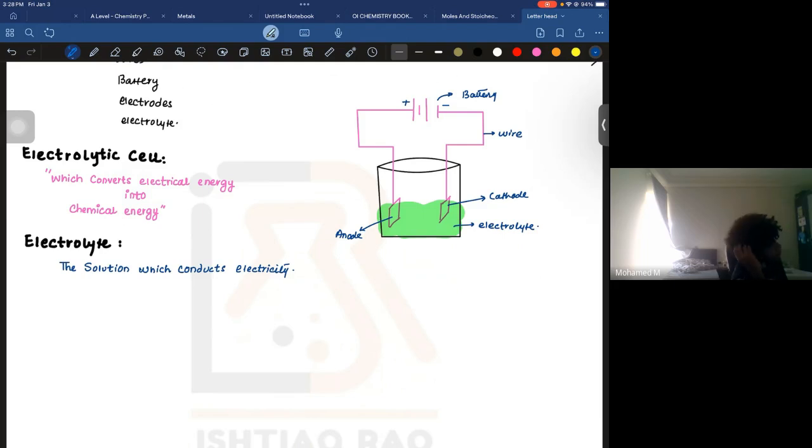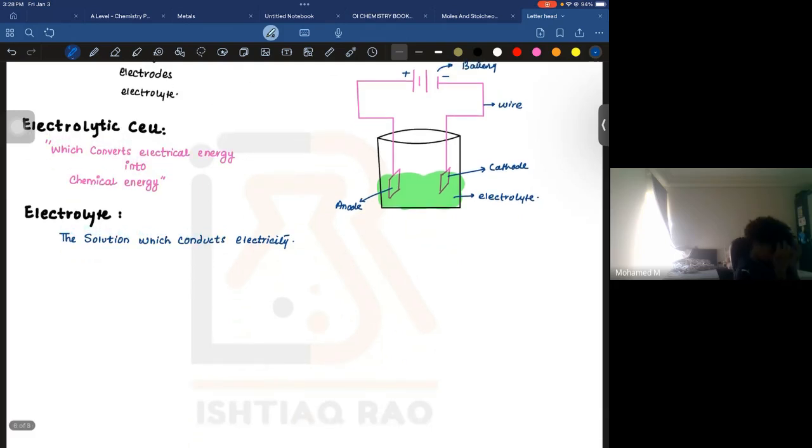That's why in the solid state it's a bad conductor, but in its aqueous solution and also in the molten state it is a good conductor, because in both states the ions are free to move. That's the reason any solution or compound which is a good conductor of electricity is an electrolyte.